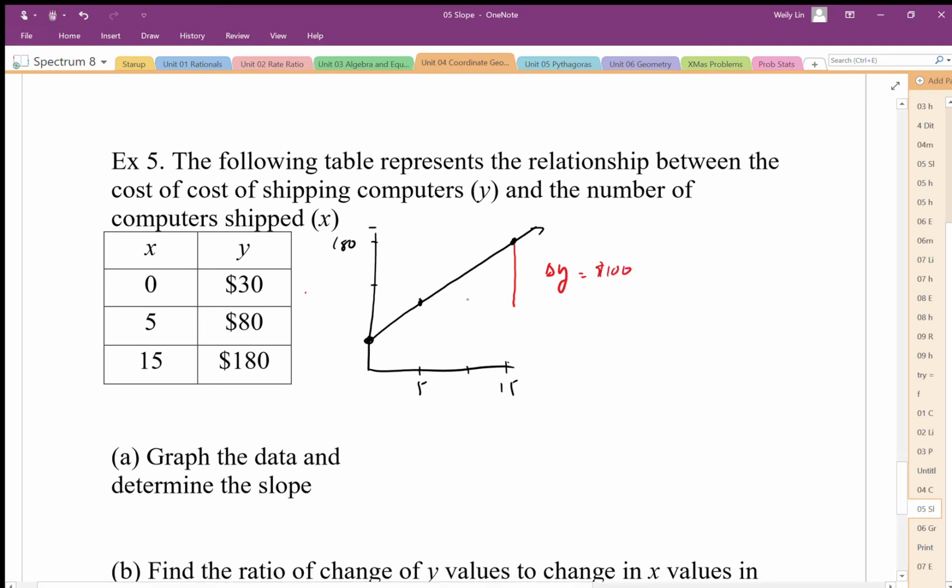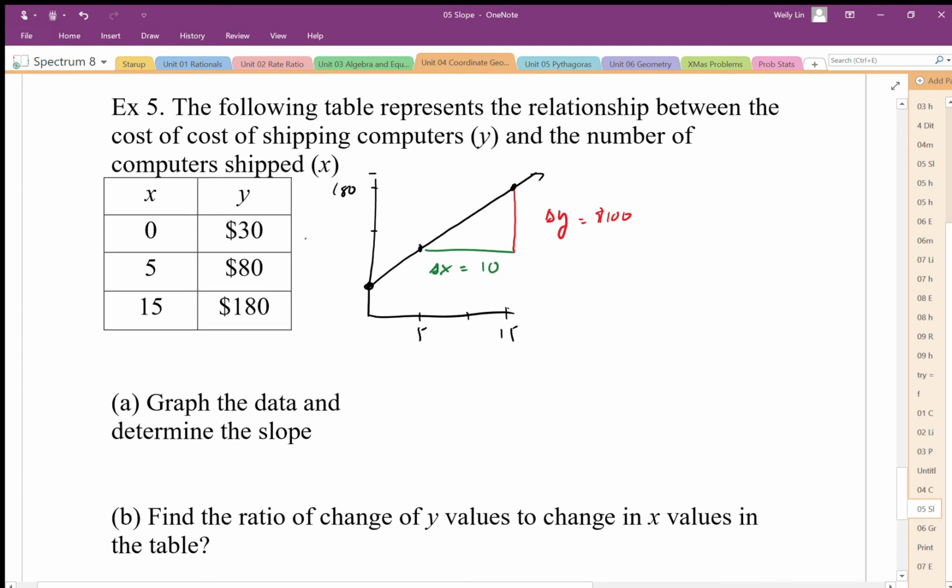The change in x, my run, I went from 5 to 15, so I went 10. x is computers. So the cost of shipping computers is going to cost $100 for 10 computers shipped. So there's my graph, and I can determine the slope.